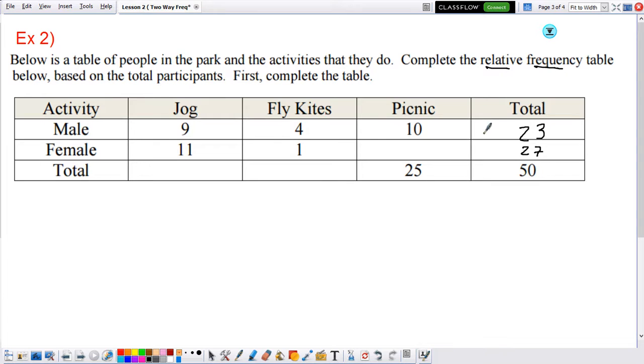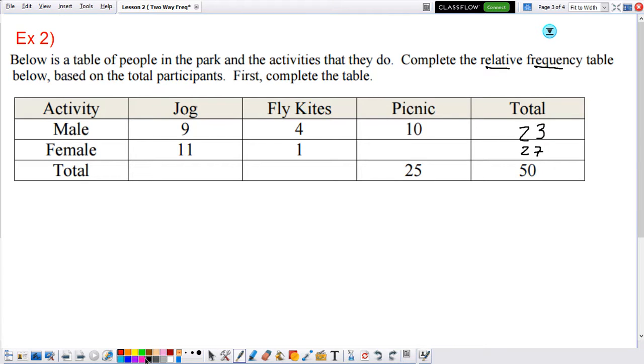Notice that 50 is located on the column of total and on the row of total. So this is a special number, which is just the total overall. If you add all the subgroups, which in this case are male and female, it should add up to what we have here, which is 50. That's how we came up with 27 as the number that we were missing here.